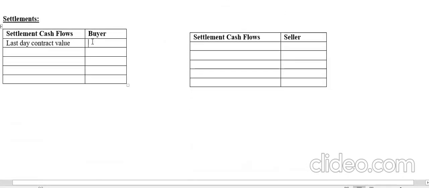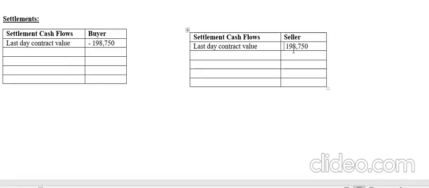So he will pay this amount of money, 1,98,750, as he is paying. So this would be taken as a minus sign. And obviously he is paying to whom? To the seller. So the seller will receive the same amount of money, 1,98,750. Then the clearinghouse will hand over the remaining balance of the buyer to the buyer and the remaining balance of the seller to the seller.